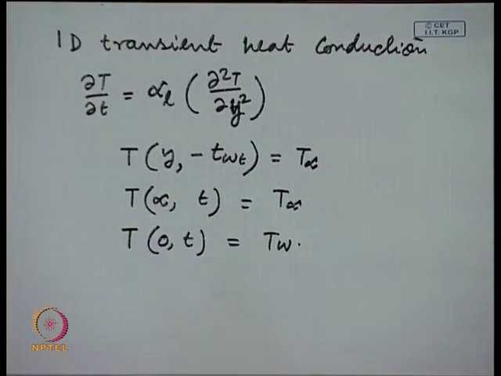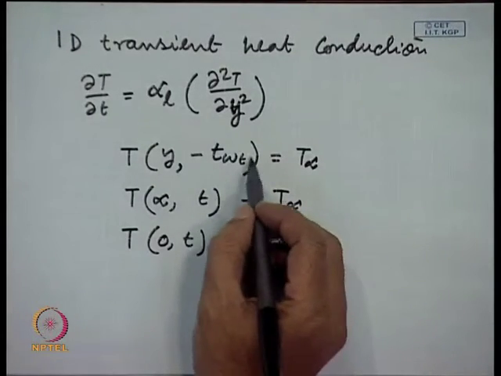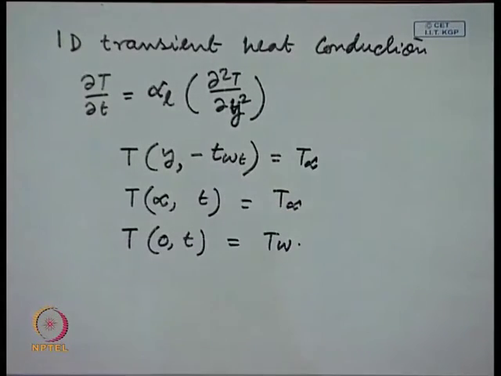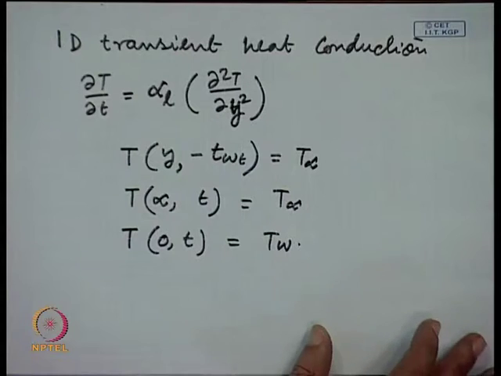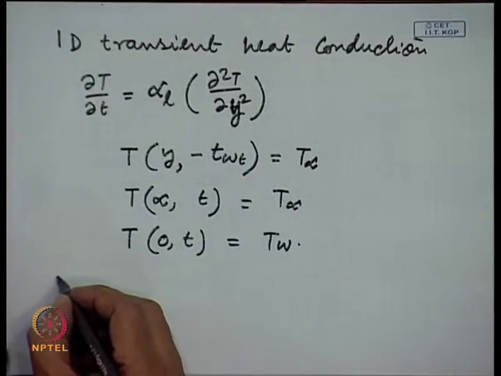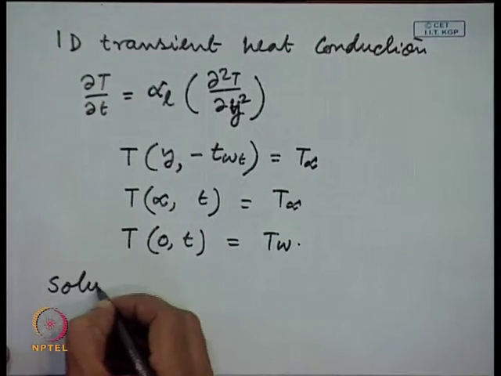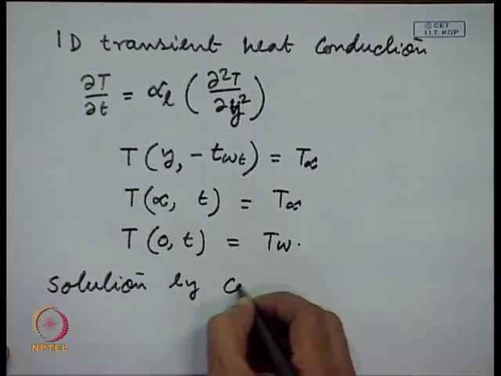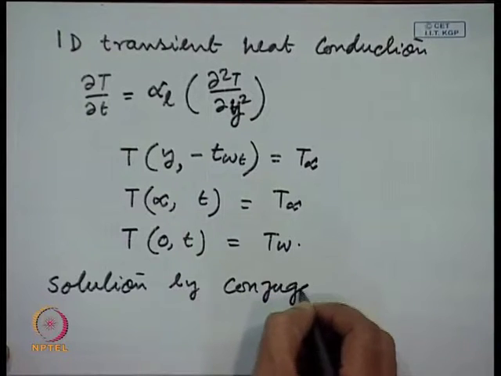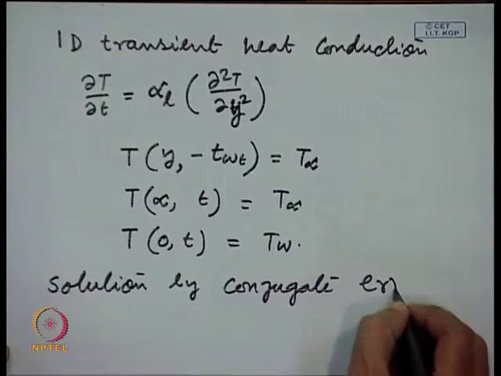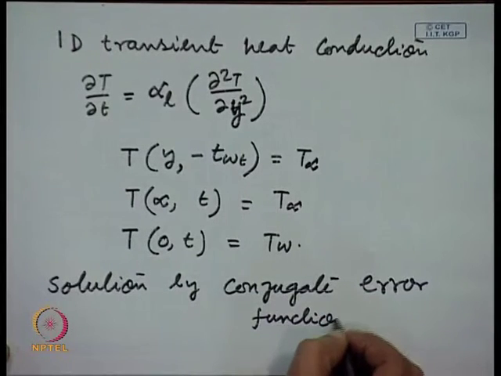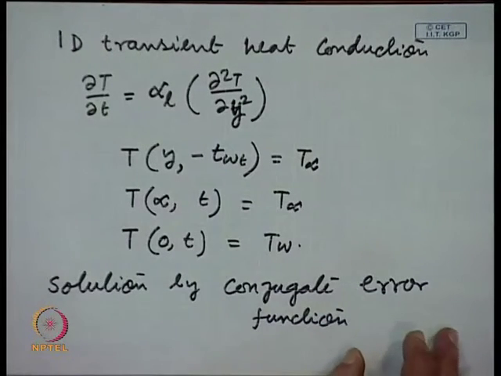So, same boundary conditions we are putting, only here it is important from which instant we are counting time. The solution can be obtained, this is a classical solution, solution by conjugate error function.